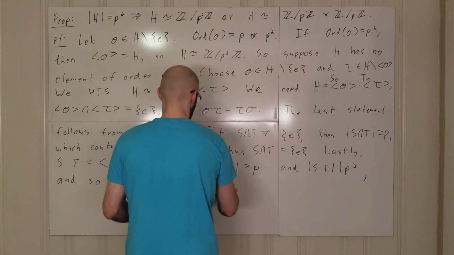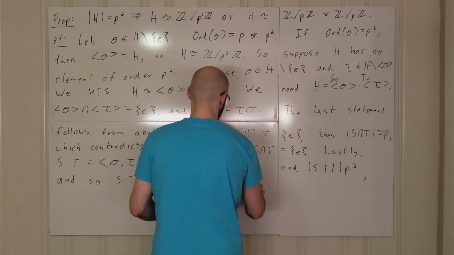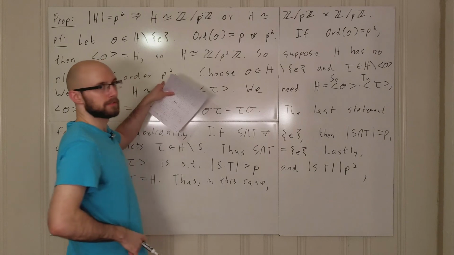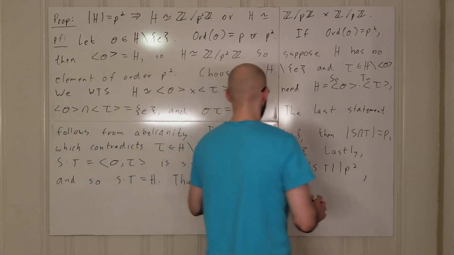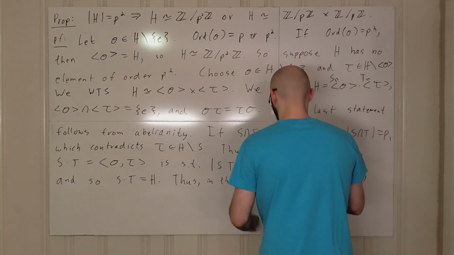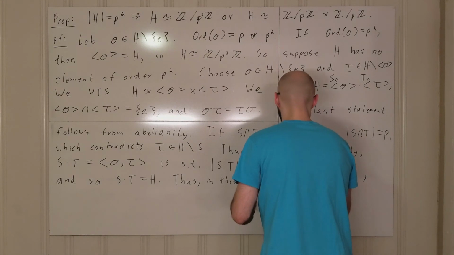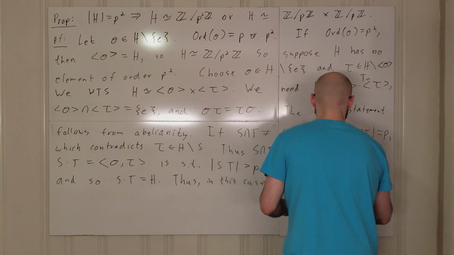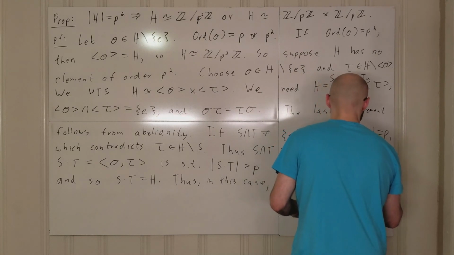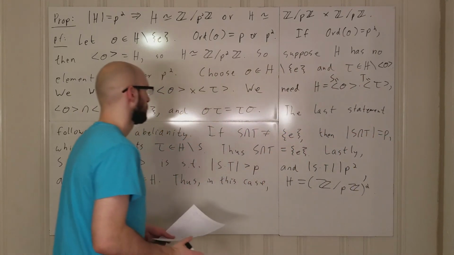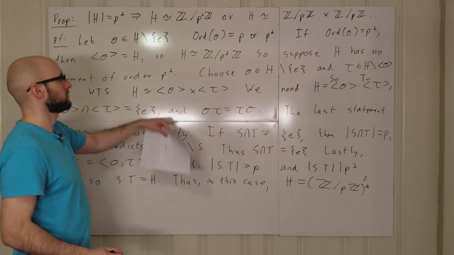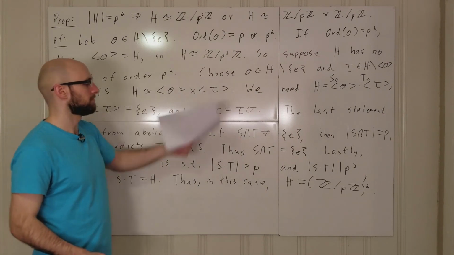Thus, in the case where H has no element of order P squared, we have concluded that H is equal to Z mod PZ squared, because it's really just the direct product of Z mod PZ and Z mod PZ.